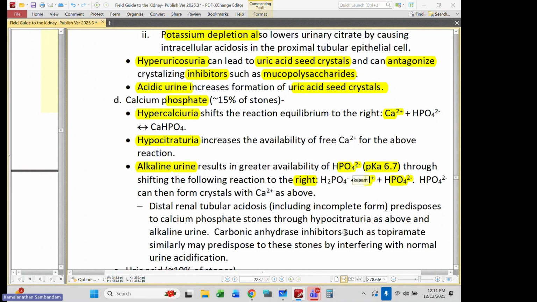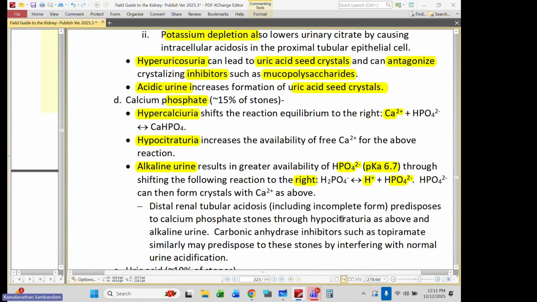So that is to say, when I have a pKa of around 6.7, I would have equal proportions of this monovalent form of phosphate carrying 2 protons and this divalent form of phosphate carrying 1 proton, okay? This will come up in your lectures.